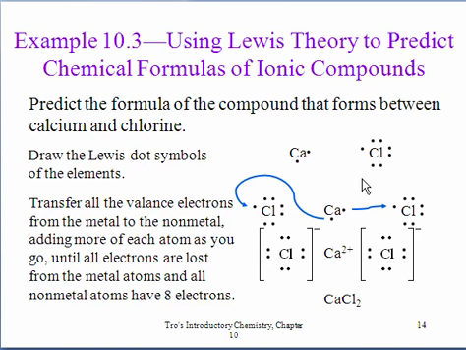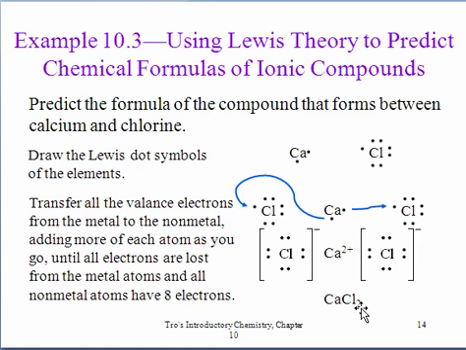Each chlorine wants 1 electron, and calcium has 2 to give. Therefore, we need 2 chlorines to accept the 2 electrons that calcium wants to give away. Now, why does calcium want to give them away? When it loses these 2 electrons, it gets a stable noble gas configuration with no valence electrons. And when chlorine gains an electron, it also gets a stable noble gas configuration.